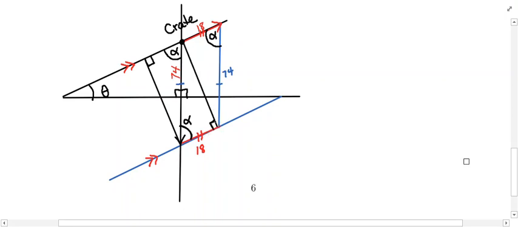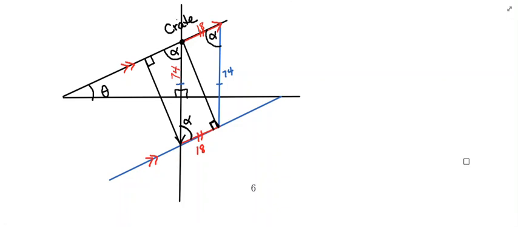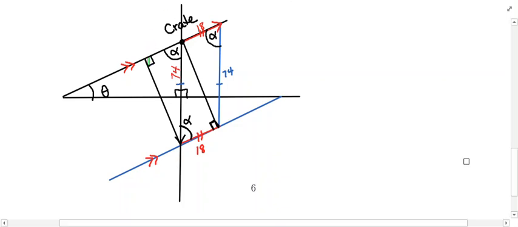So basically what I have here is that this new rectangle is made up of two triangles. I've got this one and then I've got this one. Both have a right angle. We both have alpha labeled in each of the right triangles.